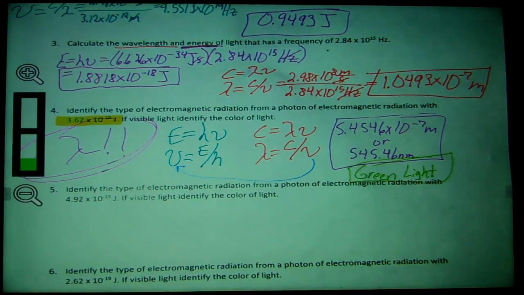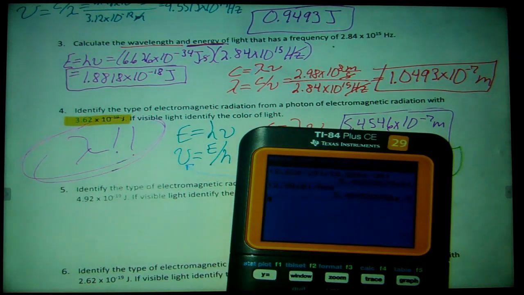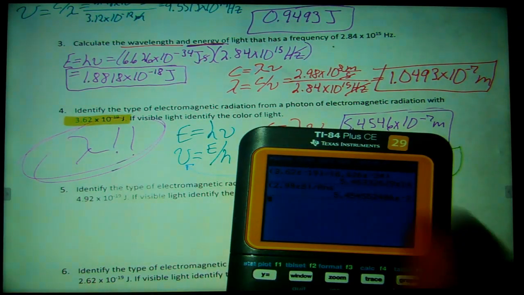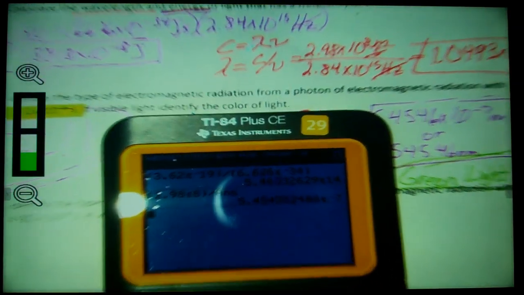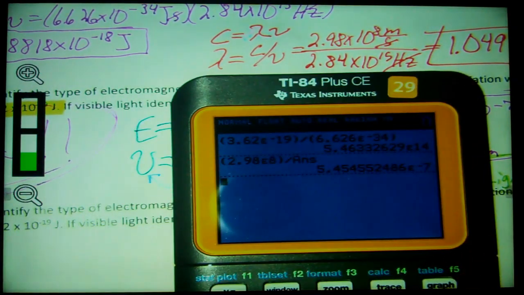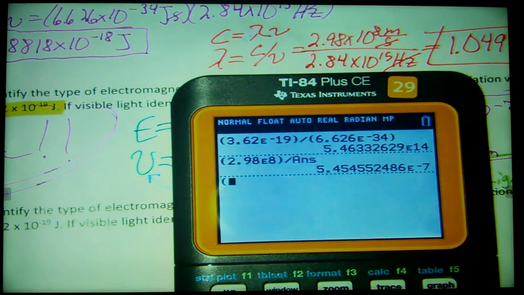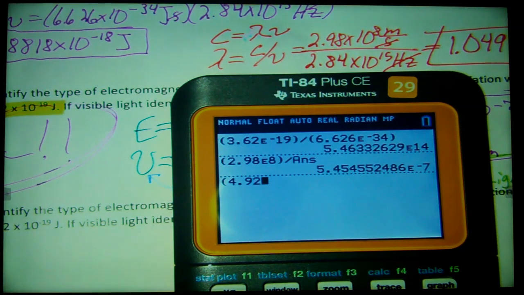So in this, let's see my calculator again. We will do 2.70 times 10 to the negative 19 divided by 6.626.